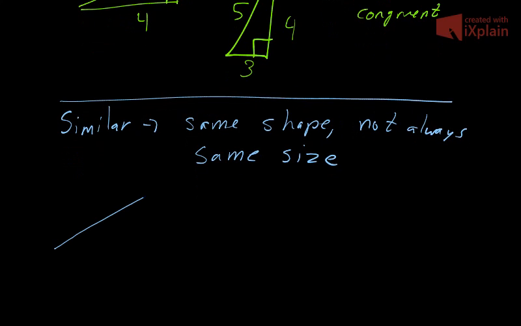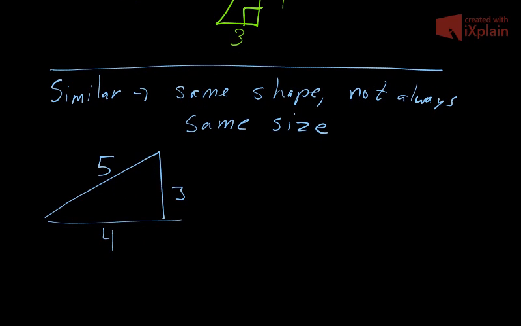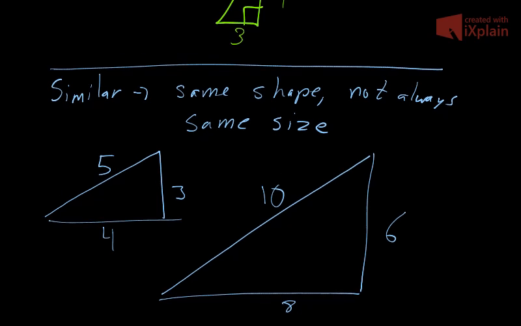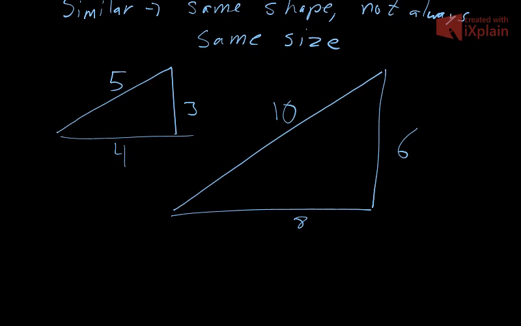If I start off with my 3, 4, 5 triangle, then I can make a bigger triangle so long as it's the same shape, and they will be similar. So this could be 6, 8, 10. And all I did there is that I dilated the triangle. That means I made it bigger, and I dilated it by a factor of 2. So all the lengths of the sides doubled.